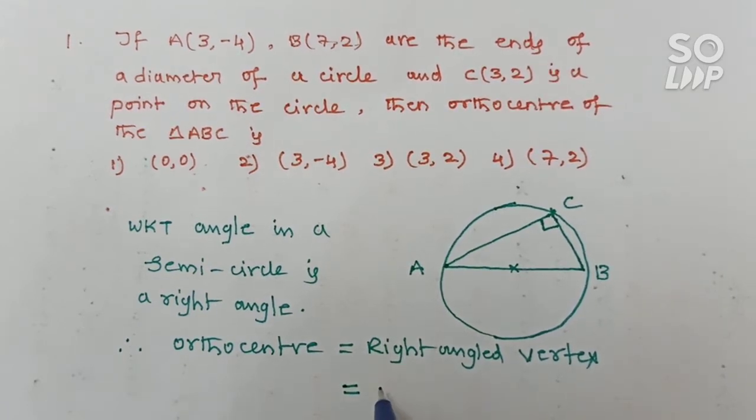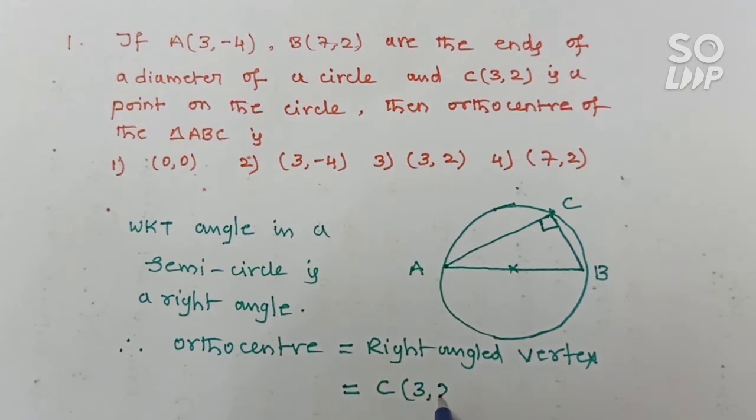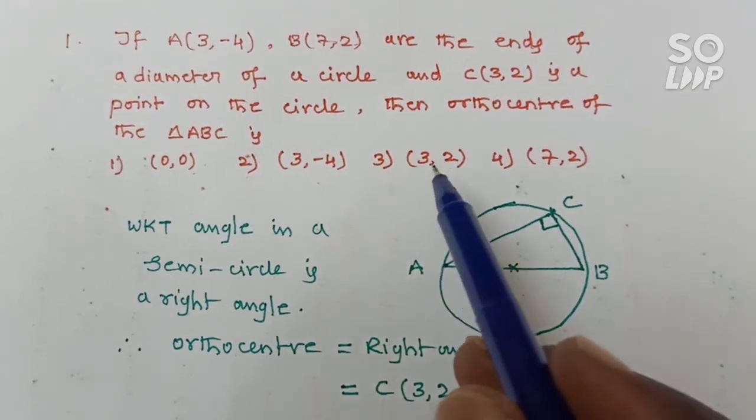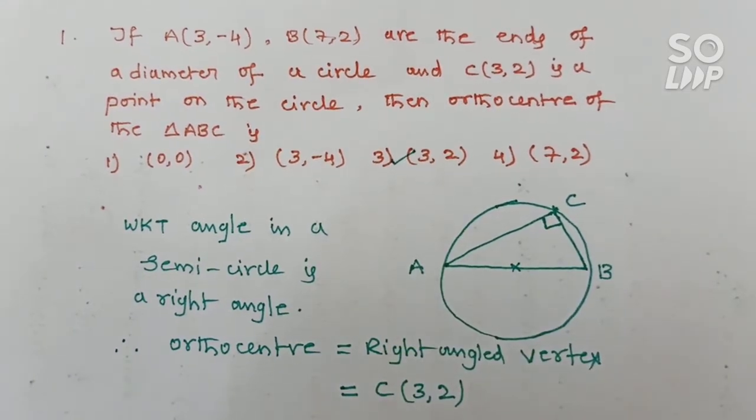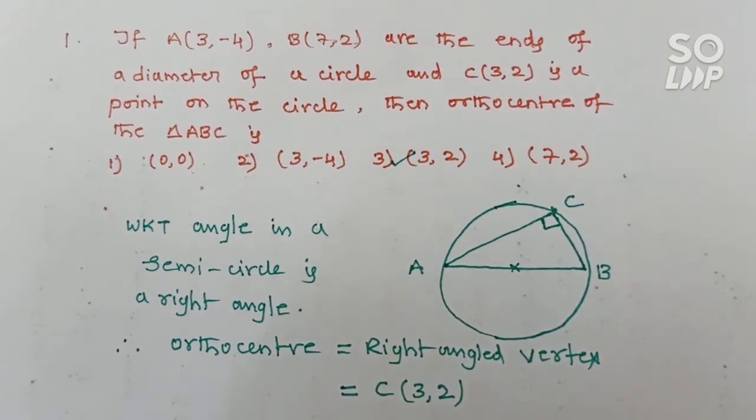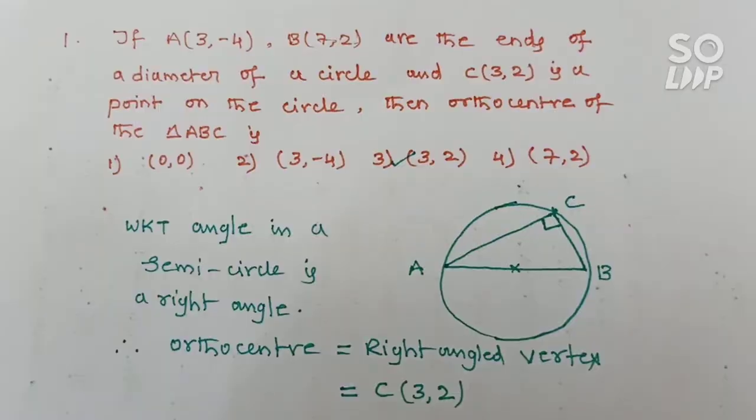C is equal to (3, 2) is the correct answer. So your correct option is the third option. This is a very important problem, a very good concept question. Everyone remember this one. By understanding the concept of ortho center, we can do any type of question. Now we will see the next problem.